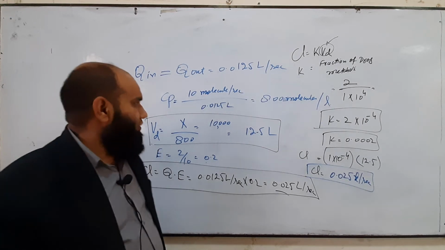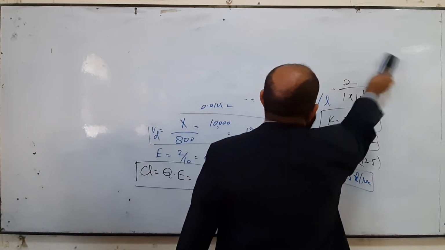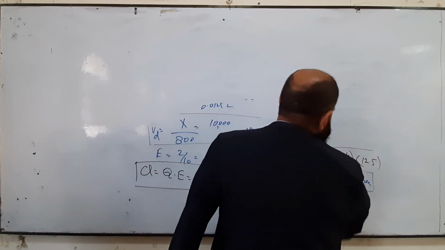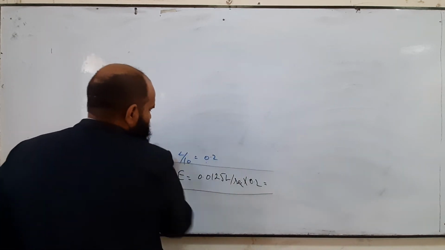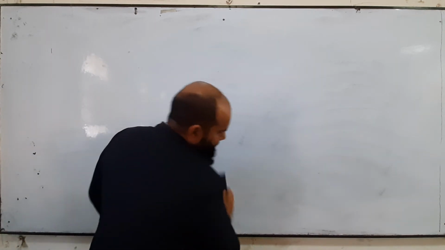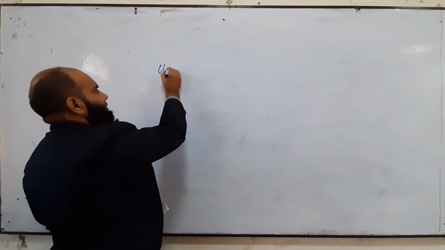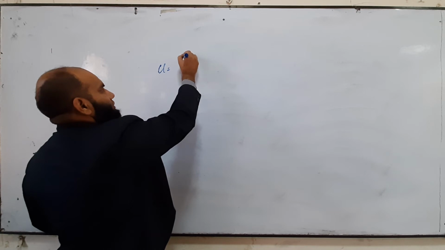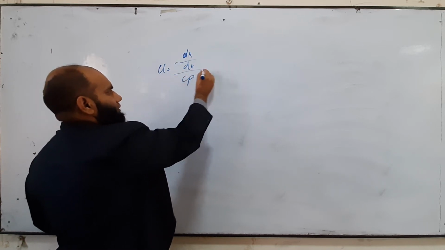We have another formula for the clearance, which we learned in our previous class. That was the rate over Cp. The clearance is delta X over delta T over Cp.